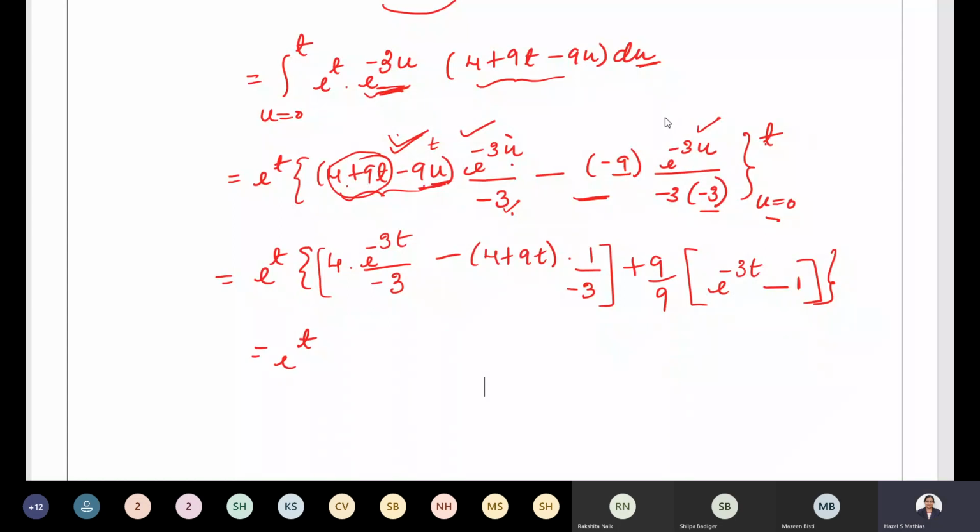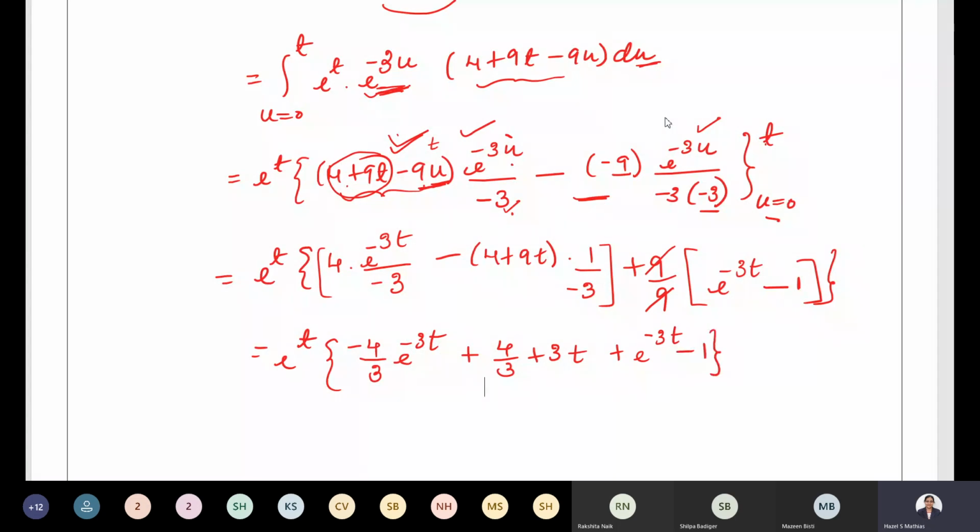Now simplify, I'll write down the terms whatever are pending. So what do we have over here? Minus 4 by 3 e power minus 3t, and then this minus will become plus 4 by 3, plus 3 ones are 3, threes are 3t. So you will get 3t over here. Okay, then what is pending? This 9 cancels, plus e power minus 3t minus 1 remains. So these are the terms which are pending.